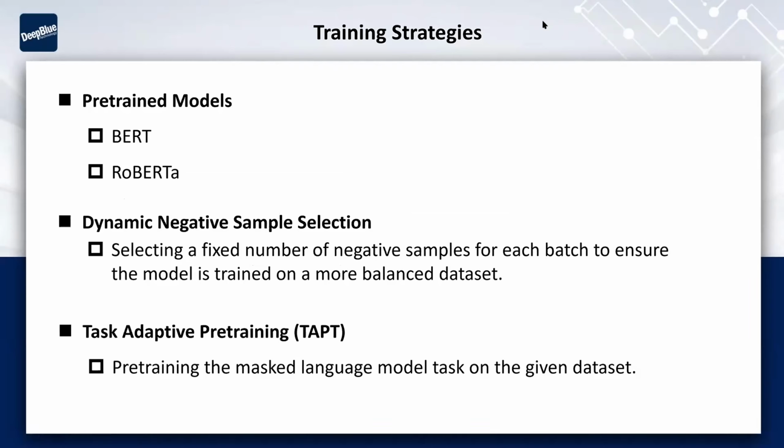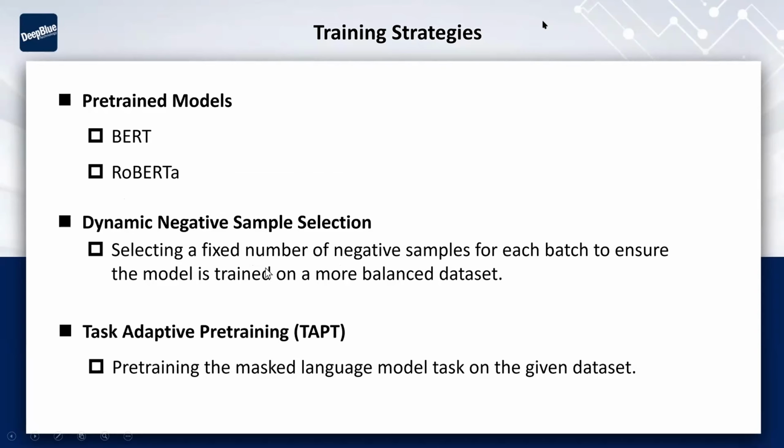Besides, we also use several training strategies to further improve the performance. First, we test different pre-trained models to find the best one, mainly two types, BERT and RoBERTa. Second, we utilize the dynamic negative sample selection strategy.